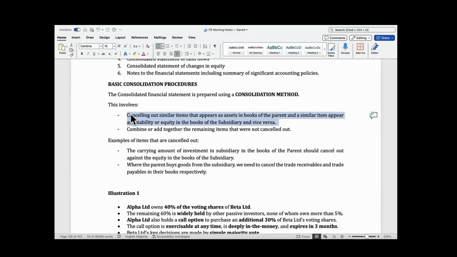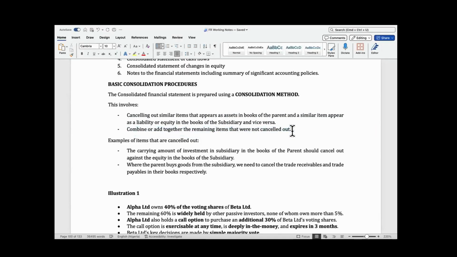They are the same thing. If you consolidate, that means you're having the same item up and down. You cancel them out. They are the same. Then, when you have canceled those similar items, you combine the remaining items that were not canceled out. That is what we want to do.